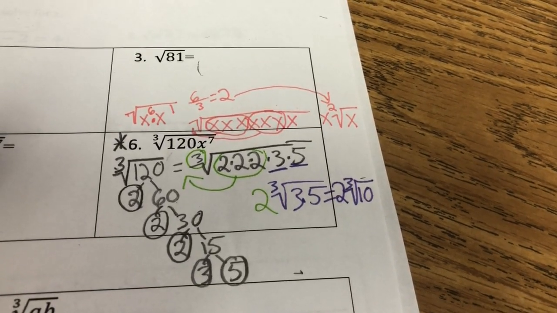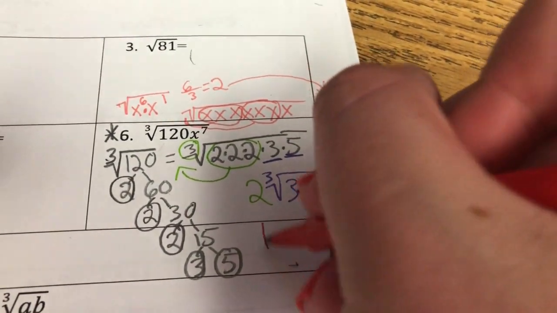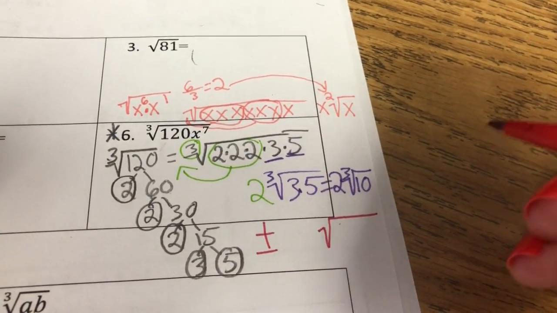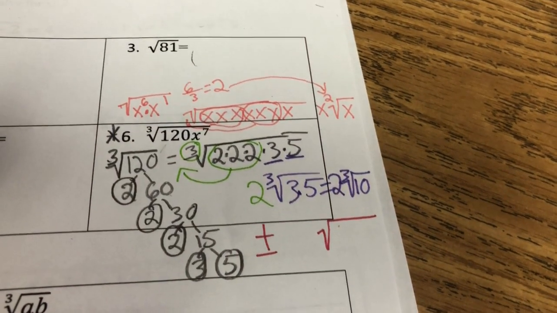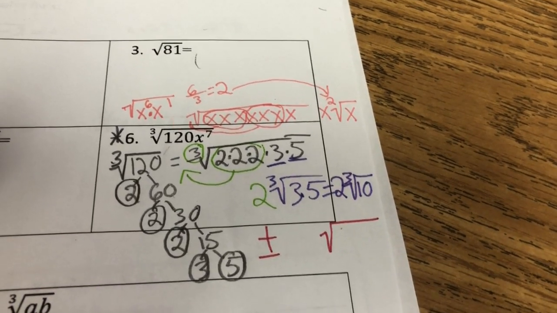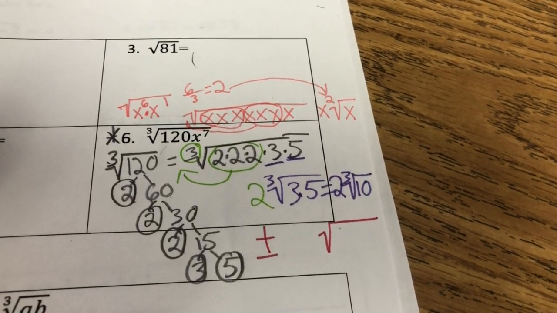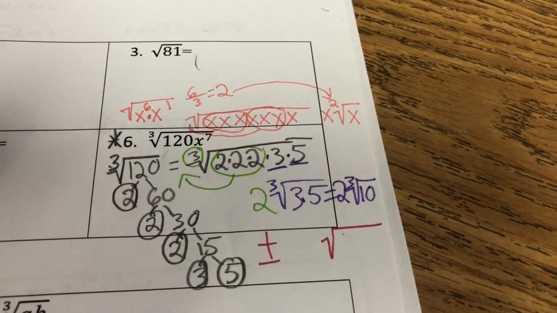So your answer for number 6 would be plus or minus, gonna have a radical. I'm trying to color code it like I did in the live sessions. Number wise, that's purple. Sorry guys.